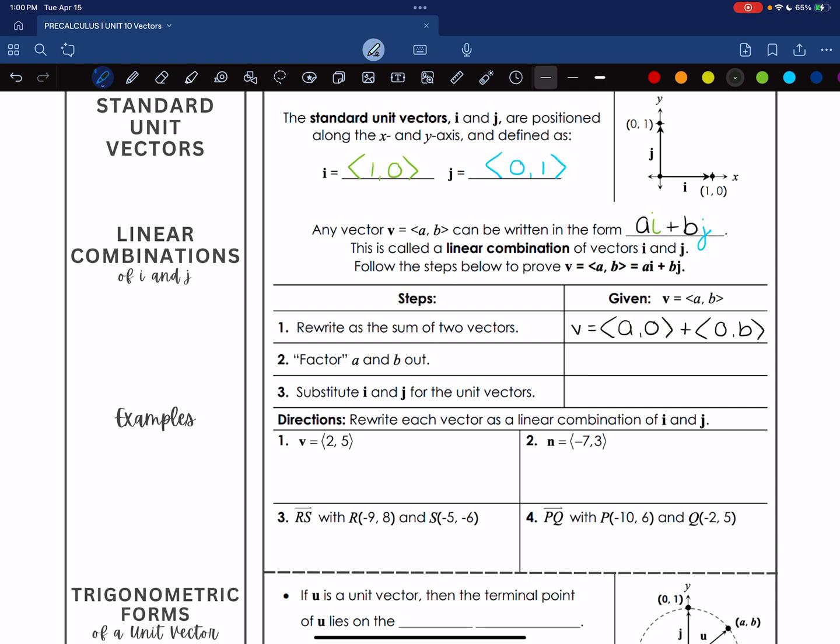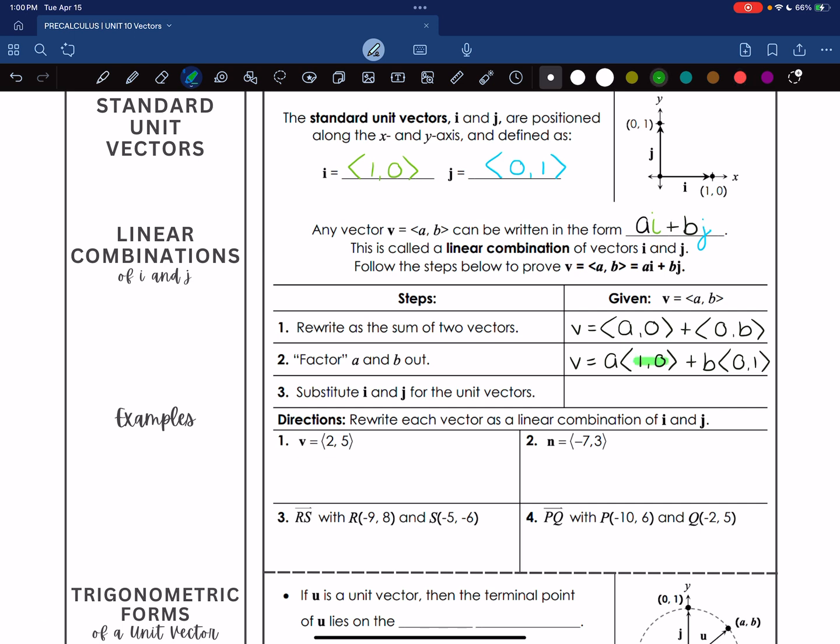Now, what we can do is factor out the a's and b's from each of those separate vectors written in component form, so that they are scalars. So this could be thought of as a times the vector 1, 0, and b as a scalar multiple for the vector 0, 1. And what is the vector that I'm highlighting in green?